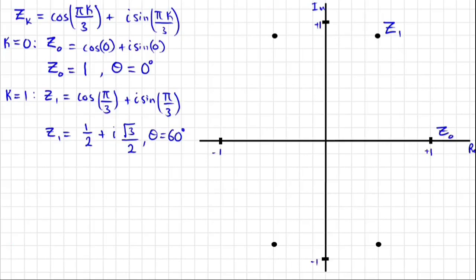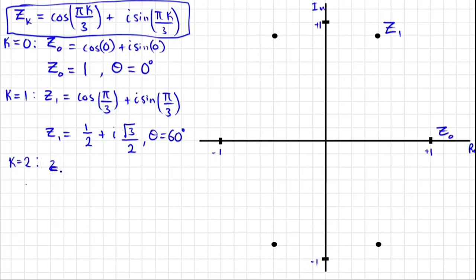So if that's the case, let's also find the complex number when k is 2. If I replace k in the original expression that I have here on top with 2, I'll get z2 equal to cos 2 pi over 3 plus I sine 2 pi over 3.